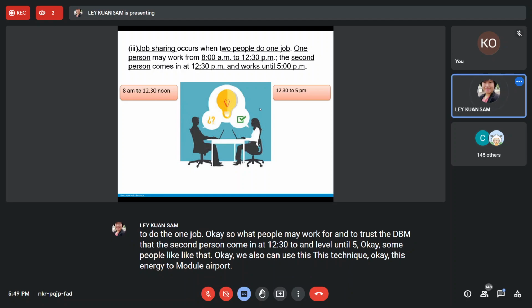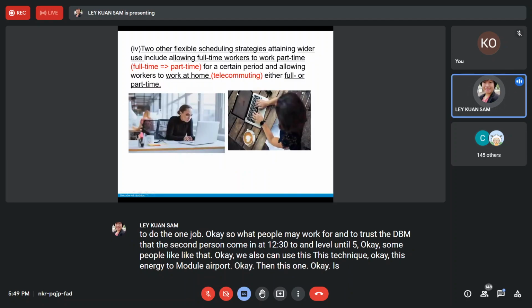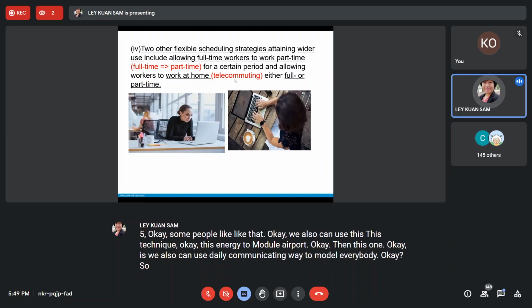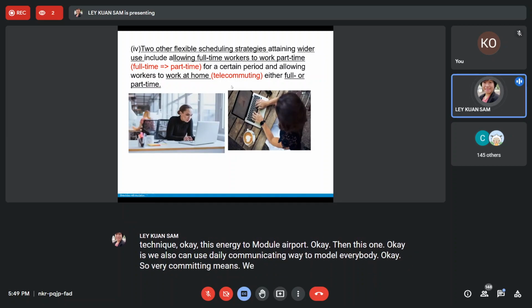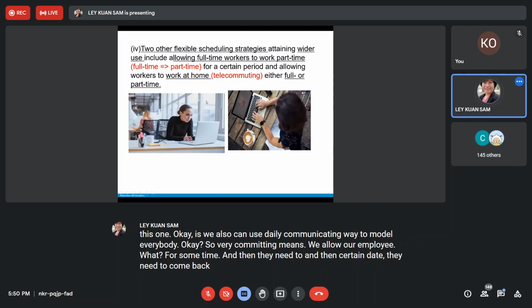Then we can also use daily commuting to motivate employees. Daily commuting means we allow our employees to work at home for some time, and then on certain days they need to come back to the office.